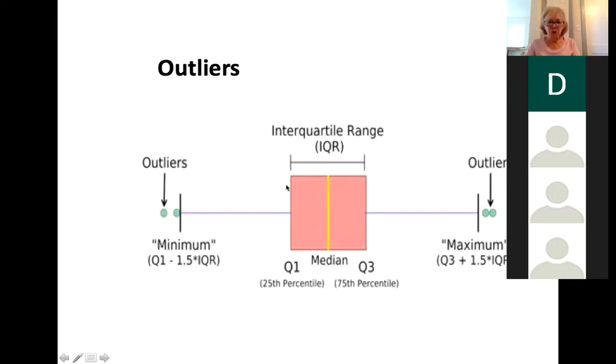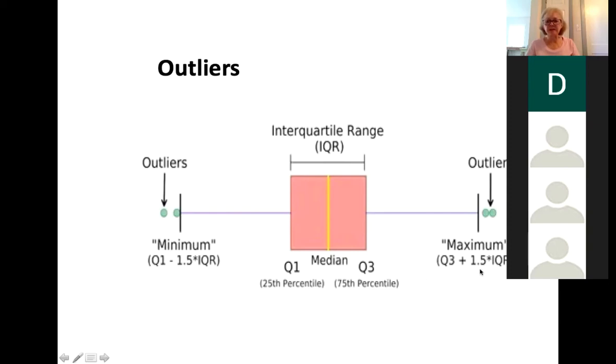You take Q1 and you subtract 1.5 times the width of the box, and you come up with a number. That's an imaginary fence. If you're smaller than that imaginary fence, you're an outlier.